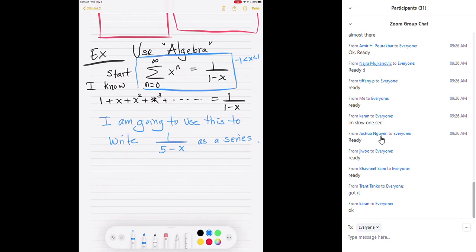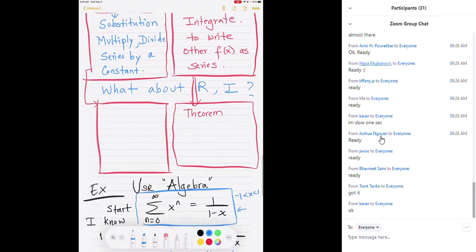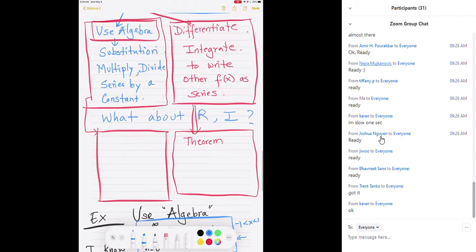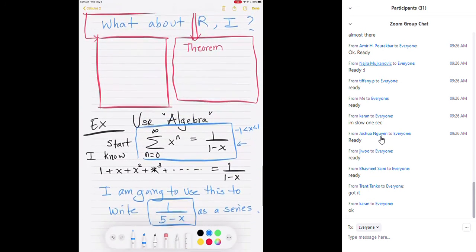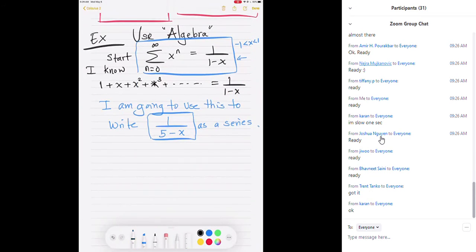So remember, I'm using this to write this function as a series. It's sort of a new function. So when I say algebra, what do I mean? I'm going to go up there. I want to use substitution. I can multiply, divide series by a constant. So here is my prep and here is my idea. So here is the plan.